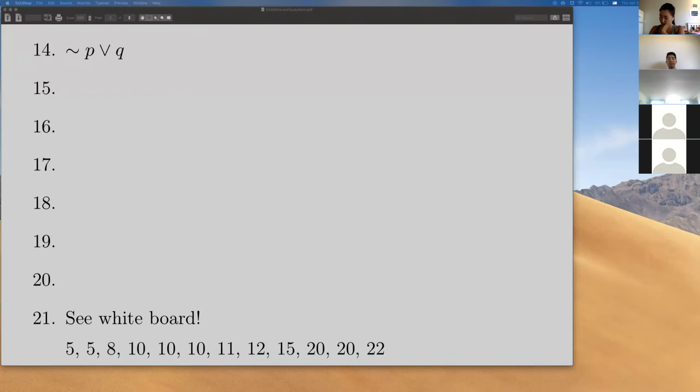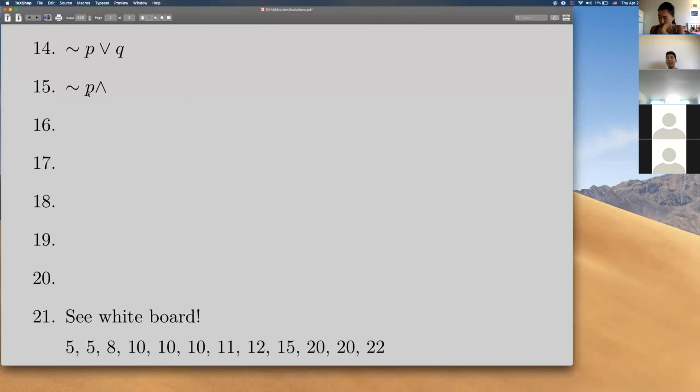Okay, number 15. This is actually just like the problem we did earlier in number 13. Again, we have an if-then statement. When we negate an if-then statement, we have an and statement. We leave the left exactly as it is, and we replace the arrow with an and sign.